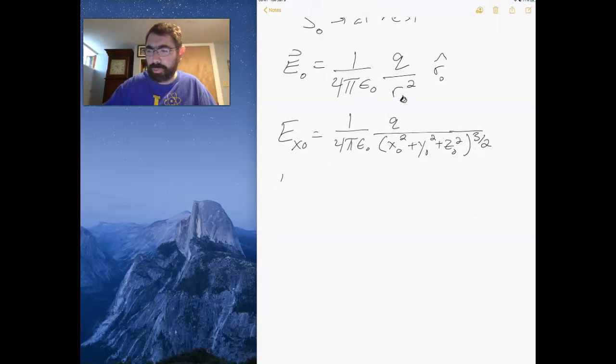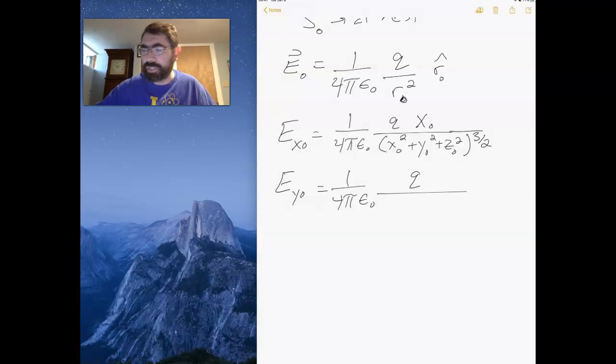Okay, so we can write down the y component similarly. Oh, I'm sorry, this is in the x0 direction. So that's why we have the extra 3/2, because we can put an x0 up there.